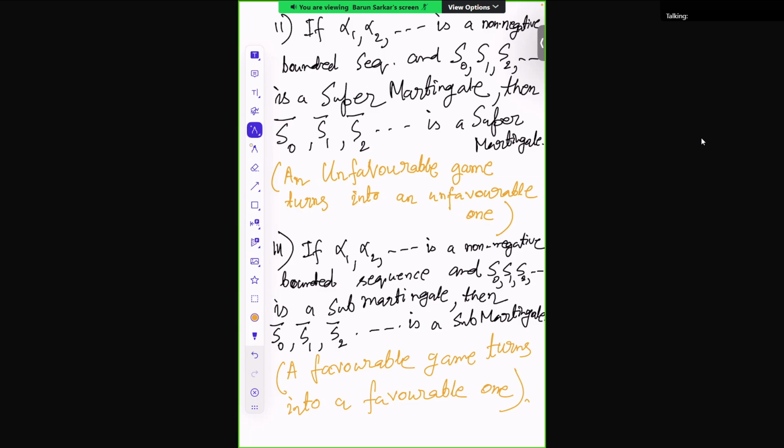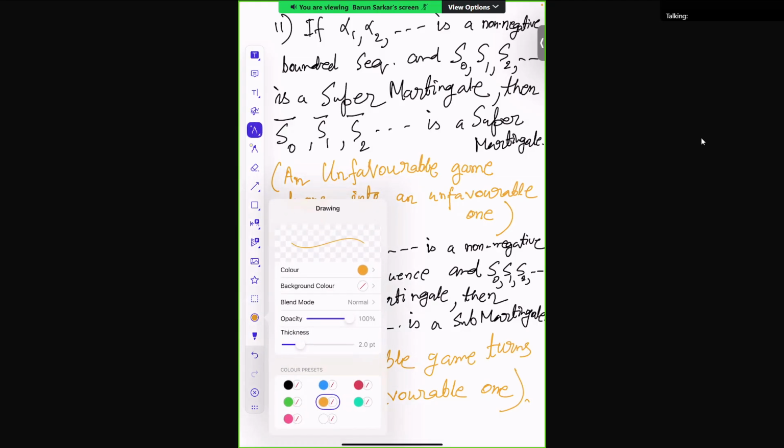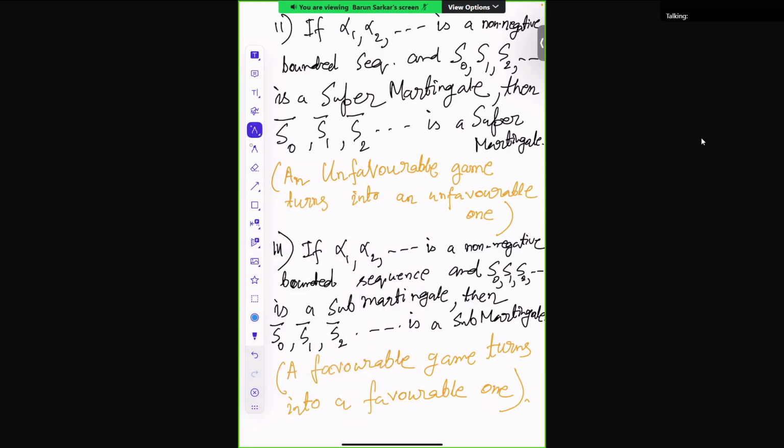So boundedness of alpha n implies that your credit limit is finite.